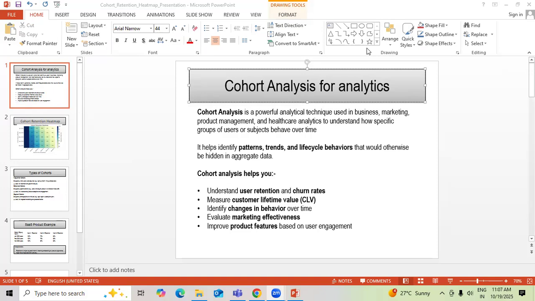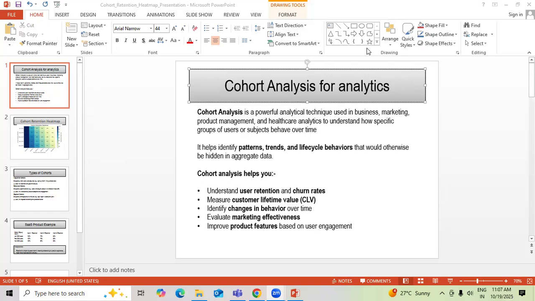Cohort analysis is one of the prominent analytical techniques we are using in the field of business, marketing, insurance, product, healthcare, and more. The major reason behind using this technique is to understand how specific groups of users or any kind of subject behave over a period of time.